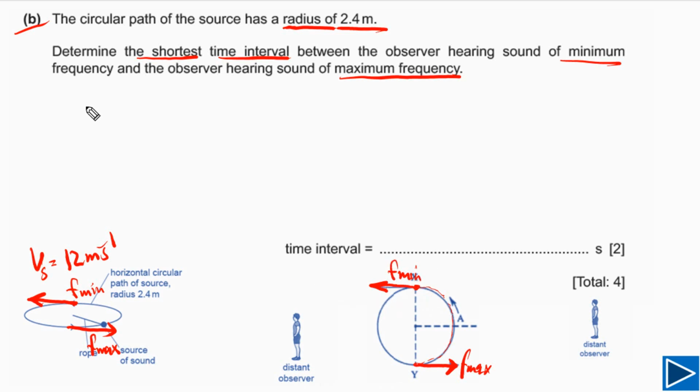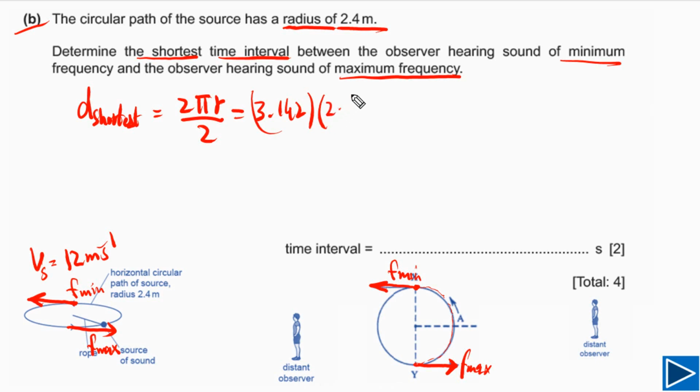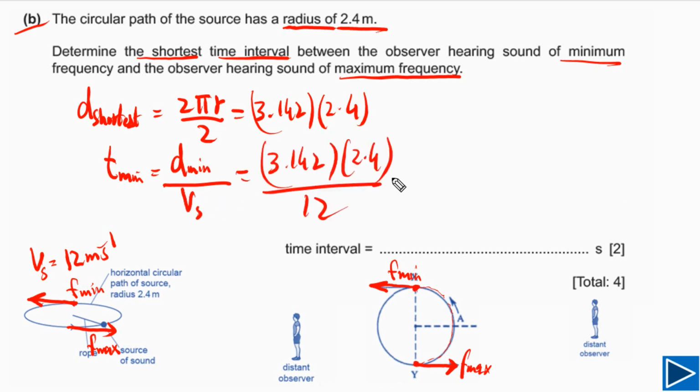First of all, let's find the shortest distance between the 2 points, which is simply equal to 2 pi r divided by 2, or simply 3.142 multiplied by the radius. The radius is 2.4. We need to find the shortest time, meaning the minimum time, that will be equal to the minimum distance between this point and this point, divided by the speed of the source. If we solve this, our final answer is 0.63 second.